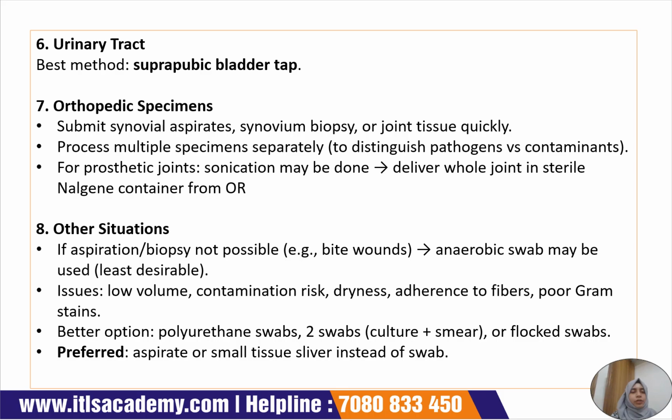For the urinary tract, the best method considered is suprapubic bladder tap. For orthopedic specimens, submit synovial aspirate, synovium biopsy material, or joint tissue, but very quickly to the laboratory. We can also process multiple specimens separately to distinguish pathogens versus contaminants.